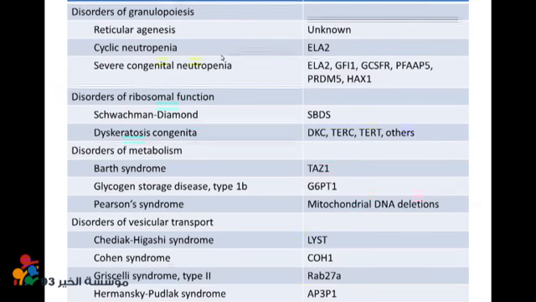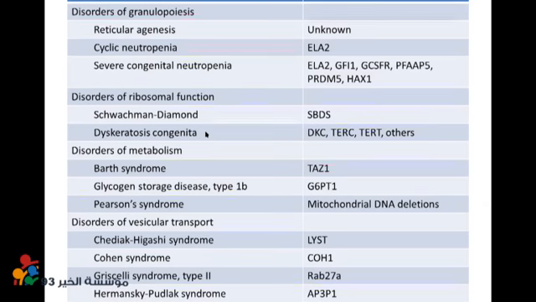You can see some of them I have explained, for example, Pearson syndrome, which is a mitochondrial DNA deletion. We discussed a little bit about Chediak-Higashi syndrome, which again is a disorder of vesicular transport, as I pointed out earlier. There are some other disorders like dyskeratosis congenita or Shwachman-Diamond syndrome, which again have certain morphologic features.